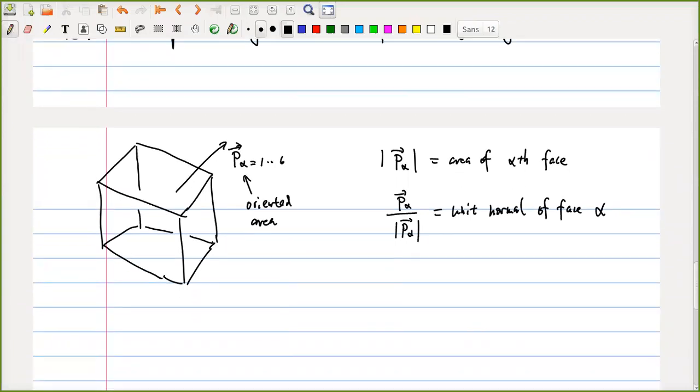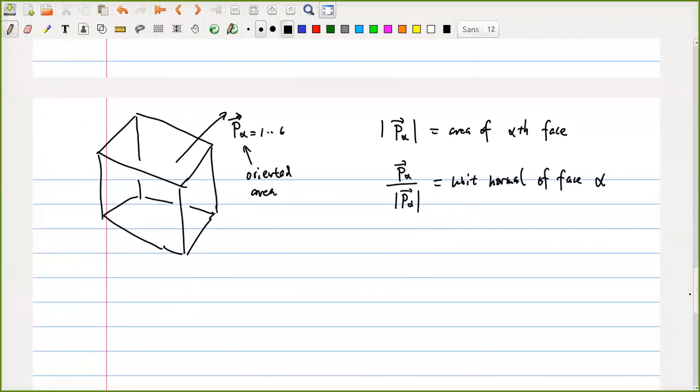Okay. So once you have these 6 vectors, it's easy to see that they satisfy a constraint, the so-called closure condition: the sum over alpha from 1 to 6 of p alpha equals 0.